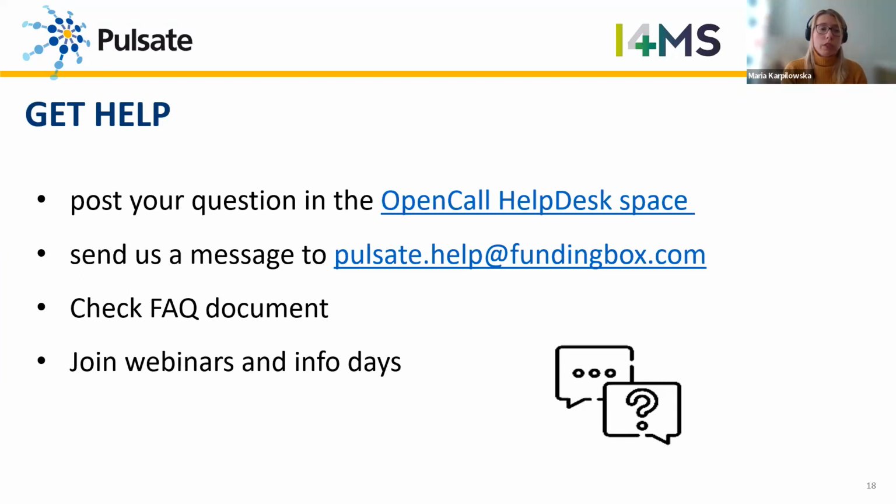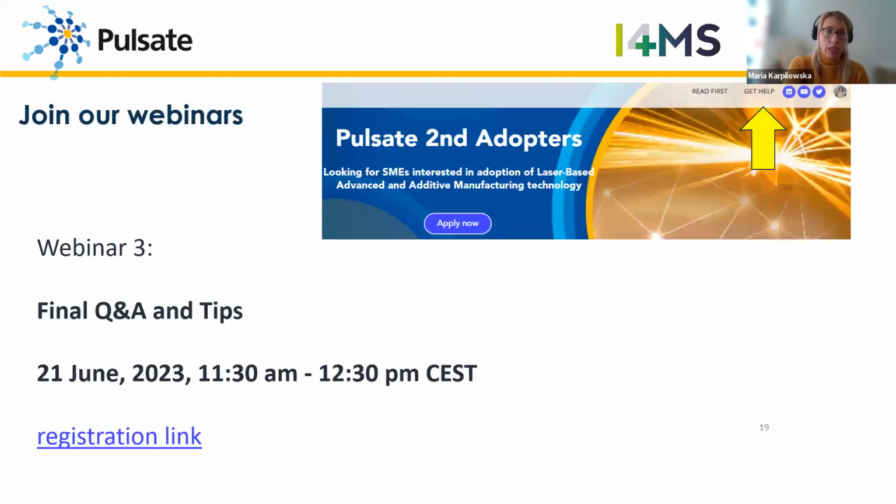And we also strongly recommend that you join the webinars and info days organized by Pulsate consortium partners. So as far as the open call webinars are concerned, today is the second one in the series. We'll have one more on the 21st of June, so closer to the open call deadline, where we'll deal with all the questions and answers you may have, and give you some final tips before the application deadline.